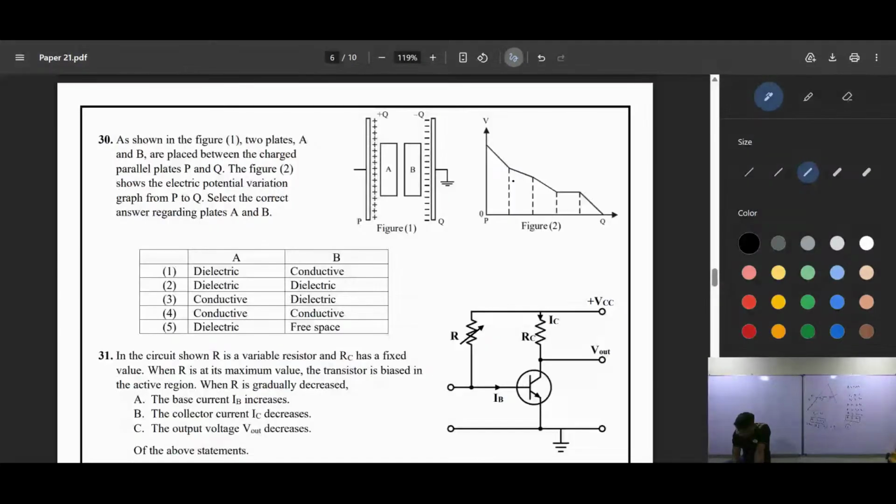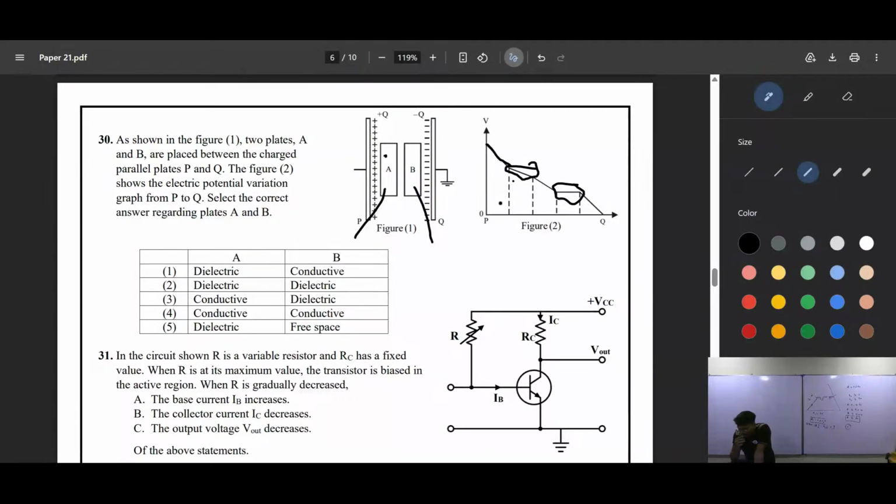Now we need to find A and B. Select the correct answer regarding them. When you consider inside A, the potential is this, right? This is inside A. Inside B, the potential is a constant. Can you see? Inside B, the potential is a constant.